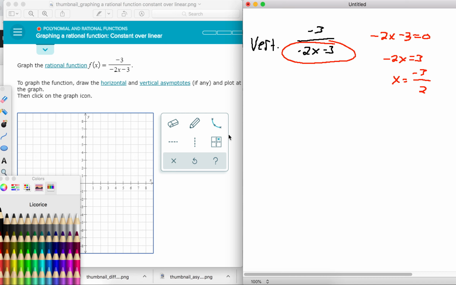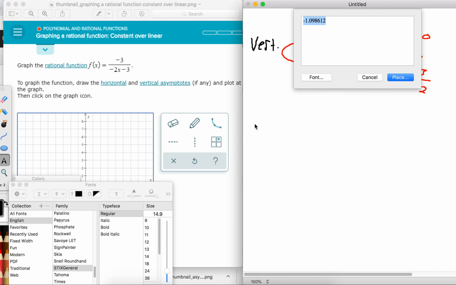Now, horizontal asymptotes follow 3 rules. First rule, if the power is bigger in the top, there's no horizontal asymptote.